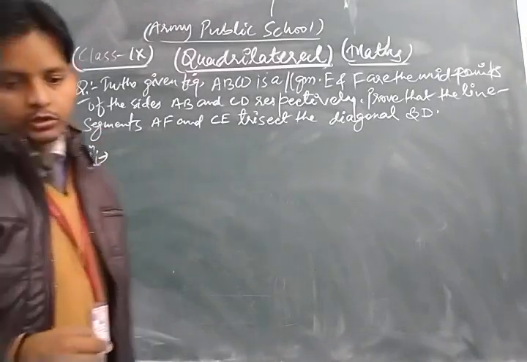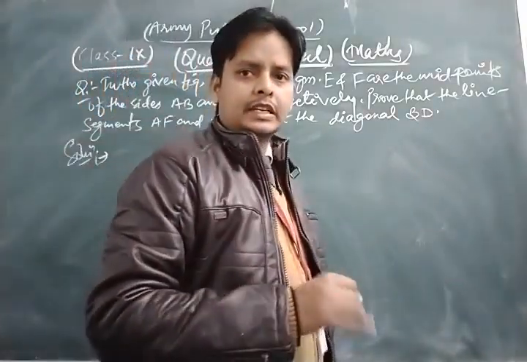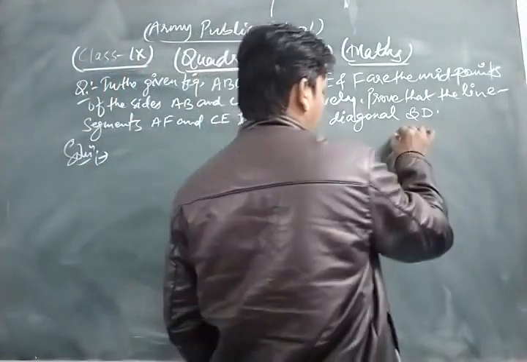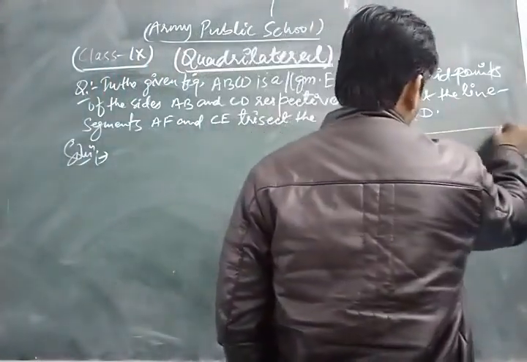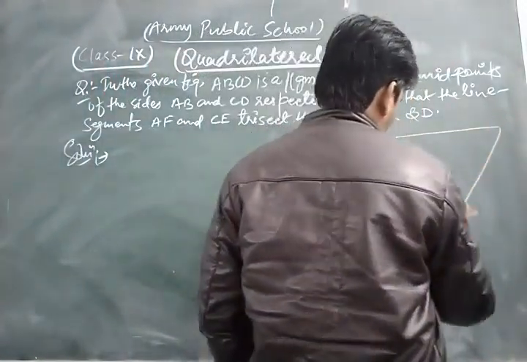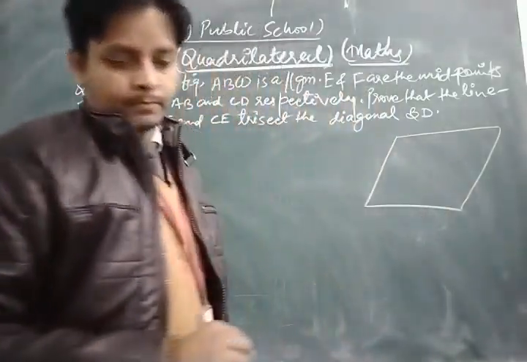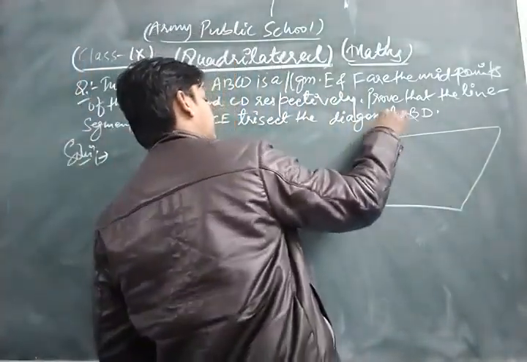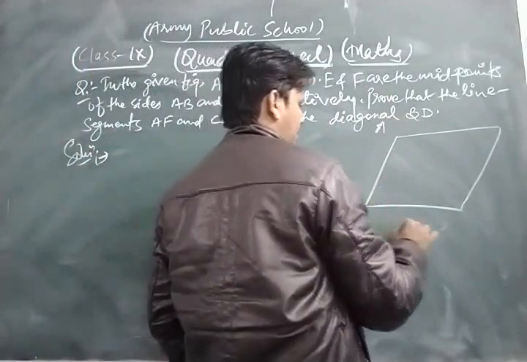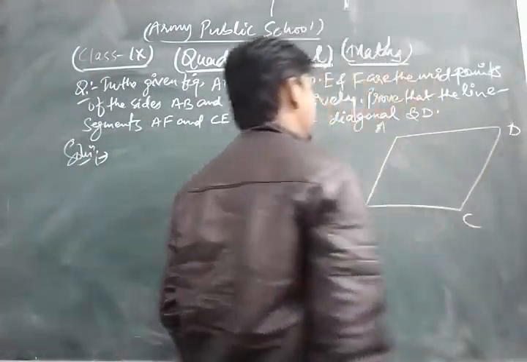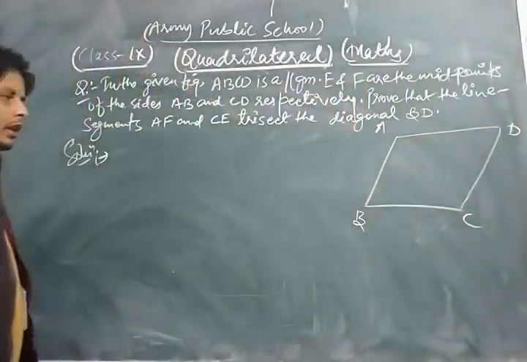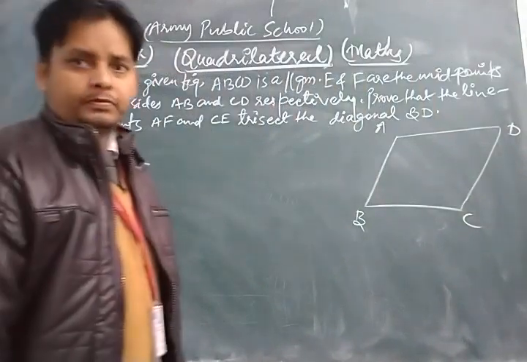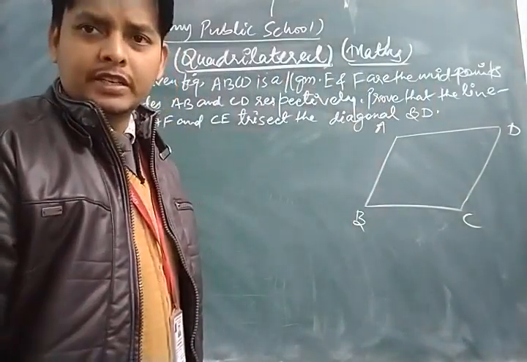First of all, ABCD is a parallelogram, which is given in our question.